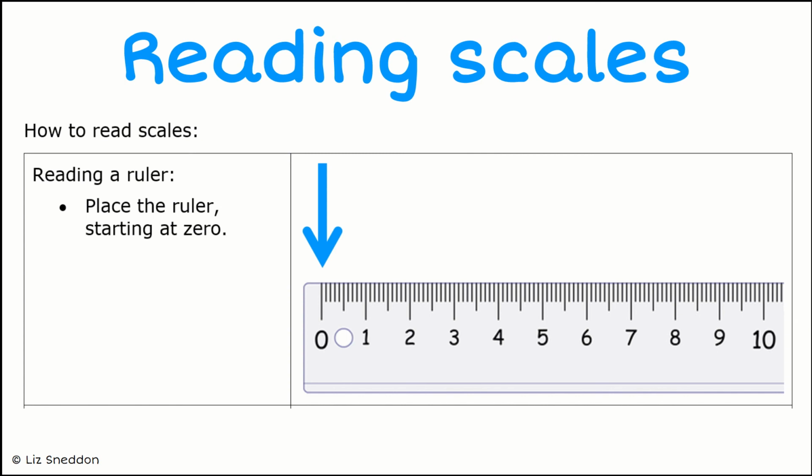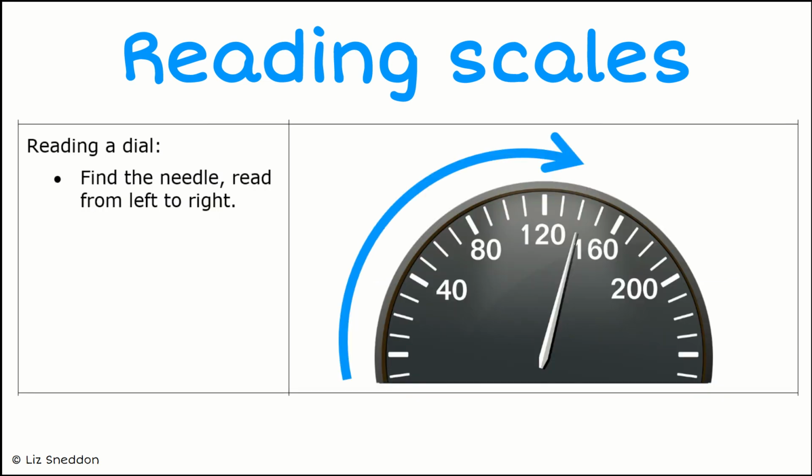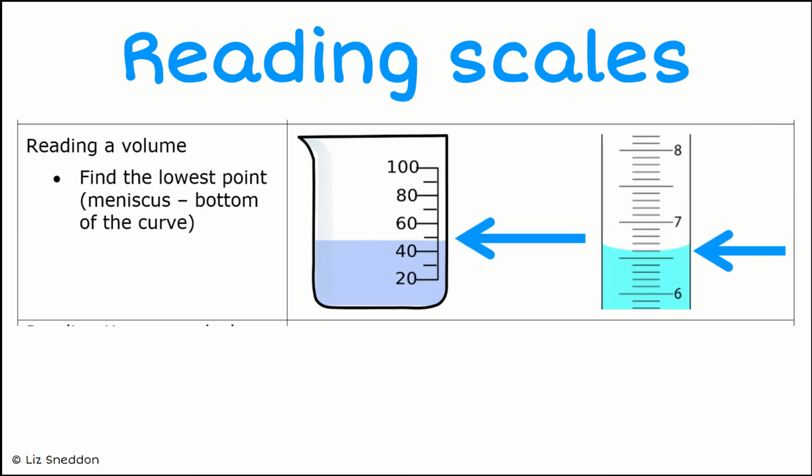When I want to use a ruler, I've got to remember to place the ruler and start at 0. That's always really important. When I'm reading a scale, if I've got a needle, then I always read from the left hand side to the right. If I'm reading a volume, always look at where the lowest point is, so where the bottom of the curve is.